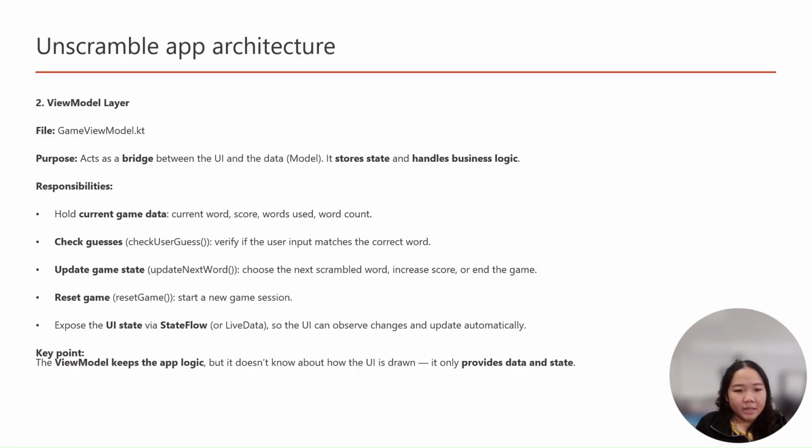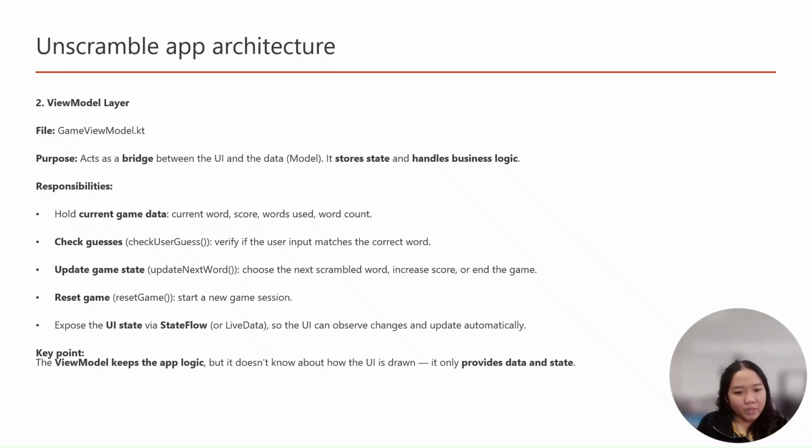Its responsibilities are to hold the current game data: current word, score, words used, and word count. Check guess: get the user's guess by verifying if the user input matches the correct word. Update game state, update the next word.